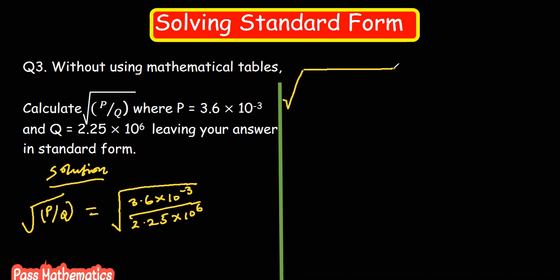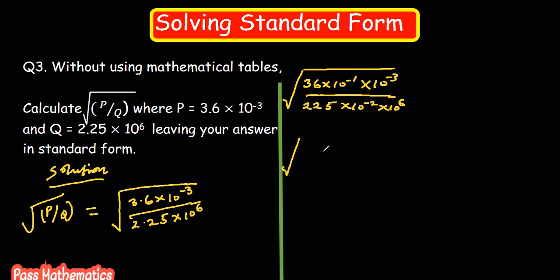We should have 36 times 10 raised to the power of minus 1, then times 10 raised to the power of minus 3, divided by 225 times 10 raised to the power of minus 2 times 10 raised to the power of 6. Now we are going to continue writing this square root symbol.